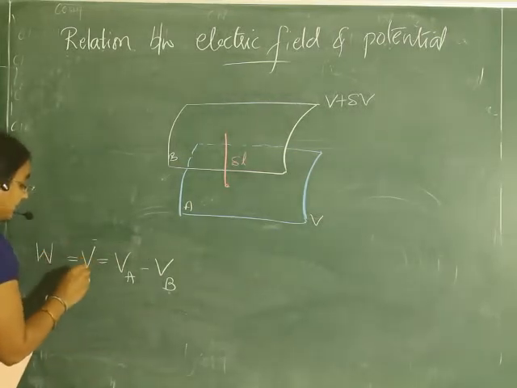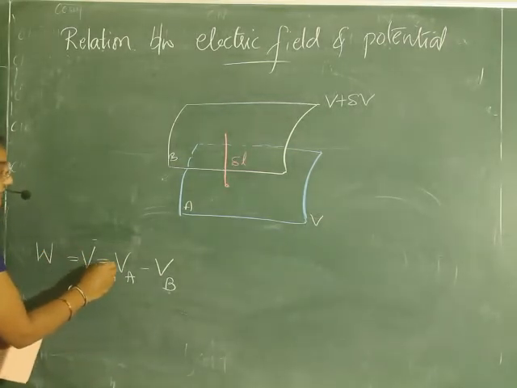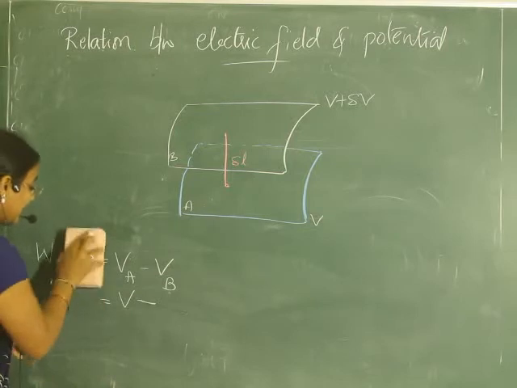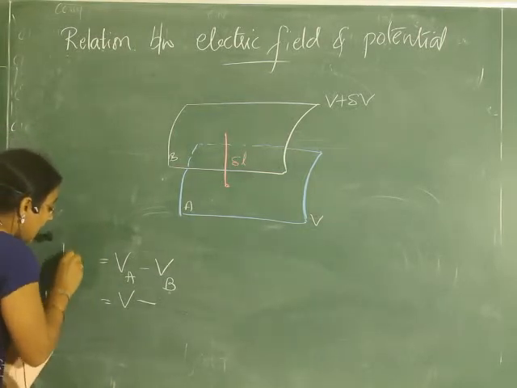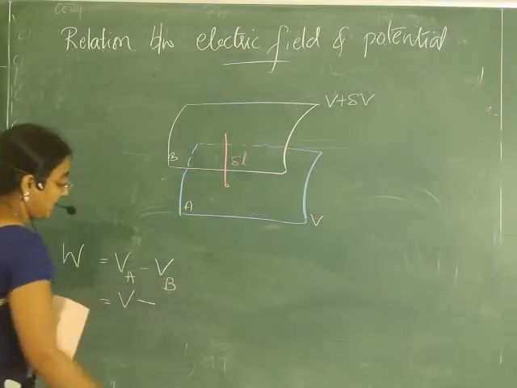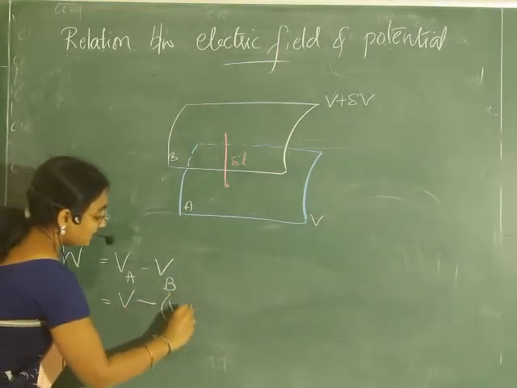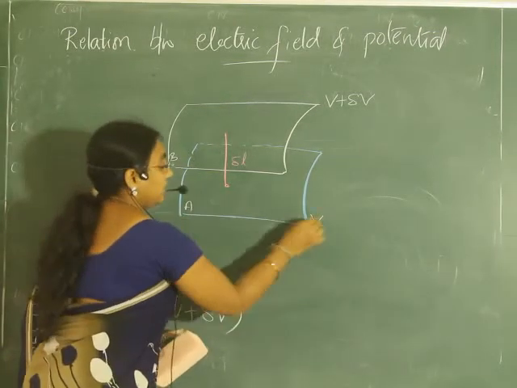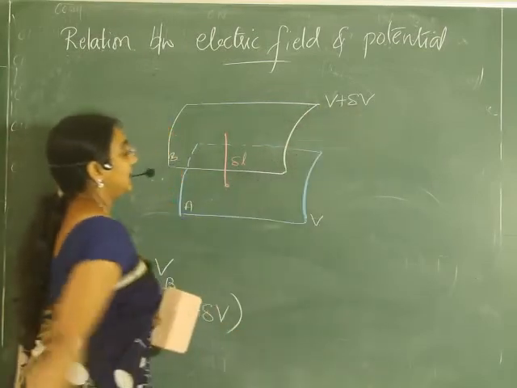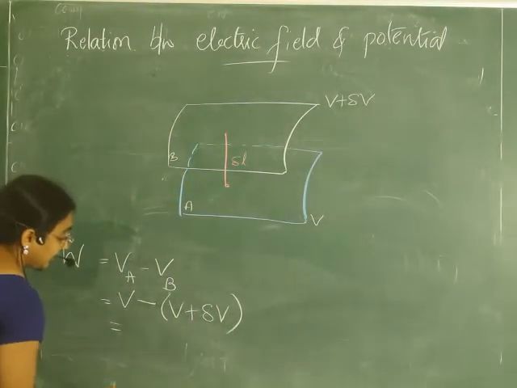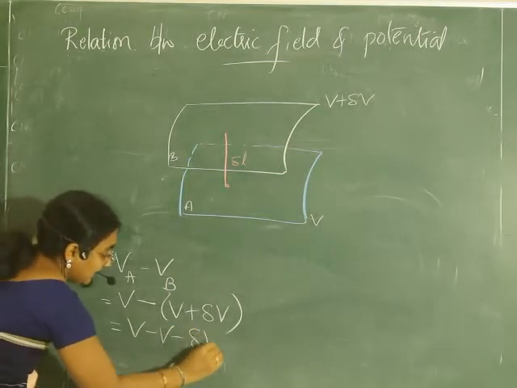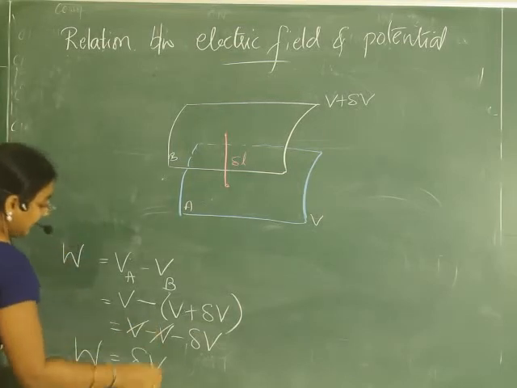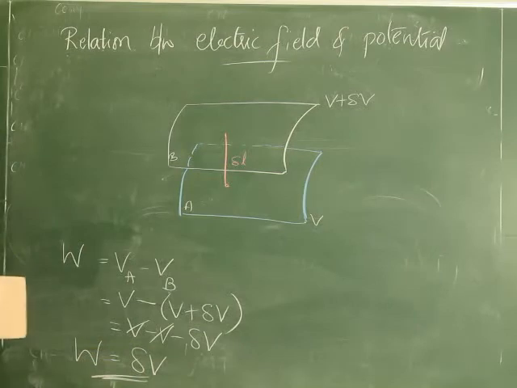So W is equal to VA minus VB, that is V minus (V plus delta V), because VA is V and VB is V plus delta V. Then we get work done equal to minus delta V, because V and V cancel. So work done is equal to delta V.